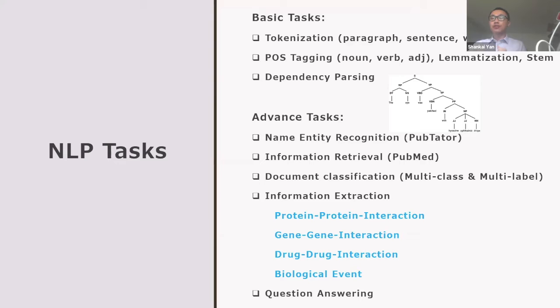Another one is information extraction here. So you may see some websites are about protein-protein interaction, gene-gene interaction, or drug-drug interaction. It is about the relationships among these biomedical or clinical terms, and it is a task that goes beyond named entity recognition, because once you recognize the concepts or the entities like the genes from the text, you may also be interested in the relationships among these concepts.